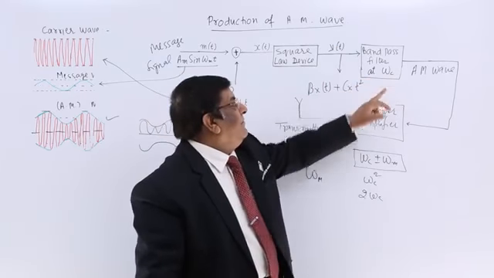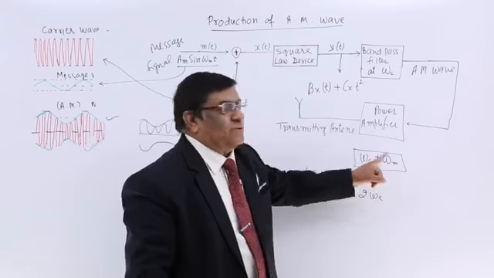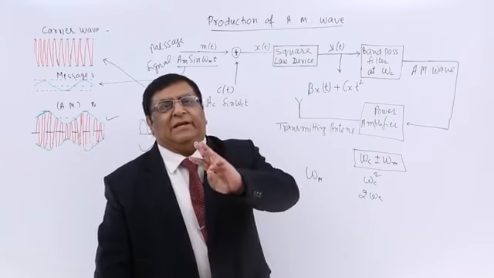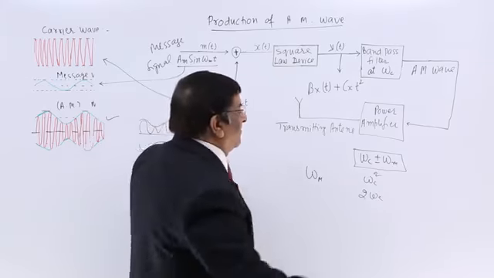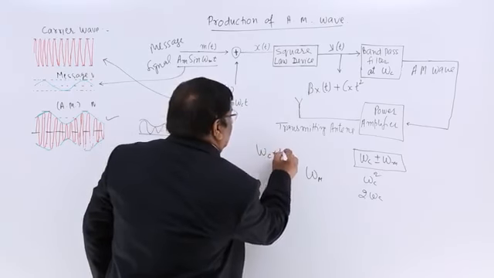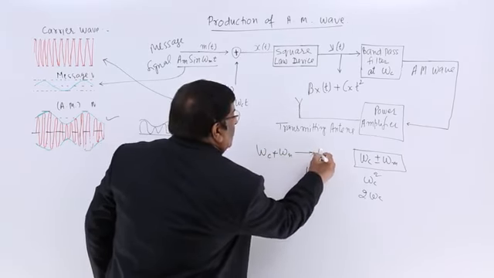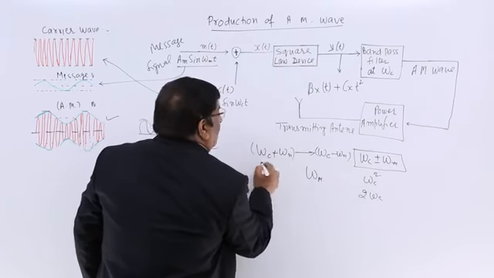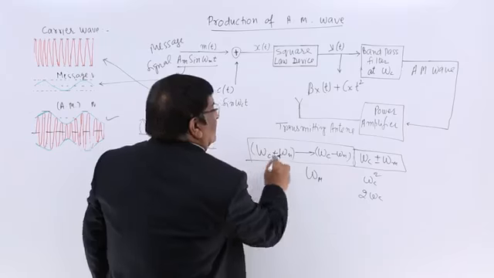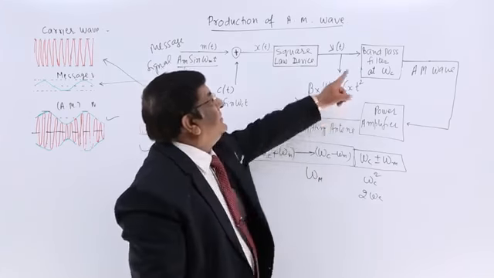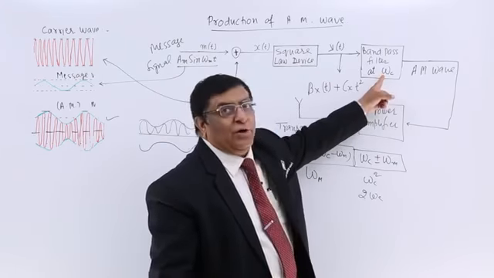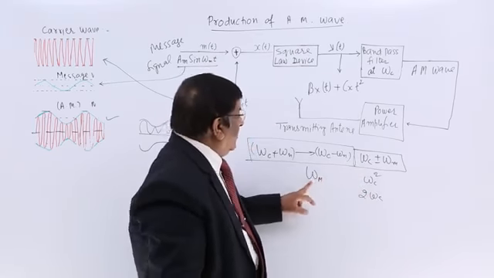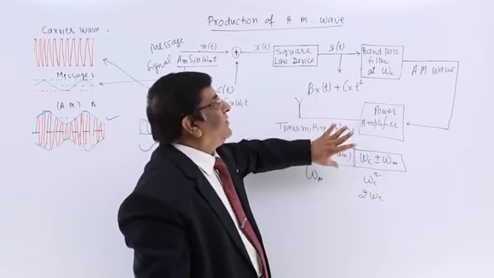Only the carrier wave frequency or plus minus omega m frequency, because we have seen that we need the frequency range from omega c minus omega m to omega c plus omega m to pass through, because all our signals are within this range. So this filter we make such that it will not allow higher or lower frequencies, so those are blocked.